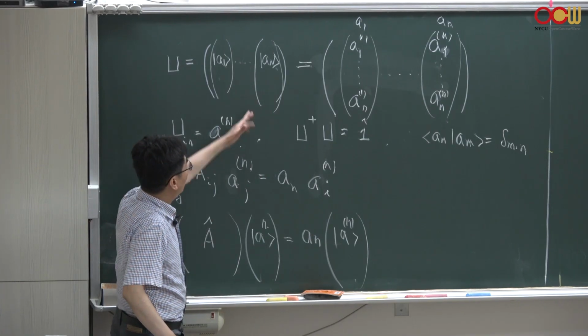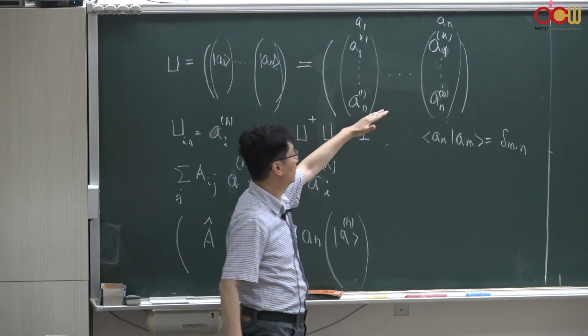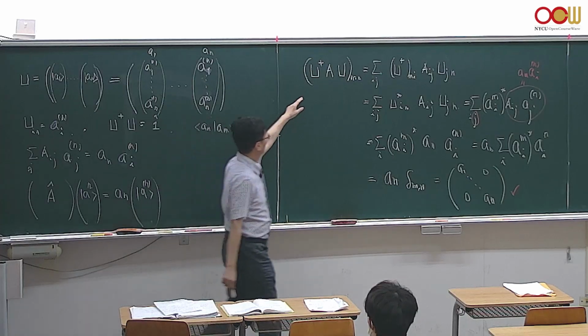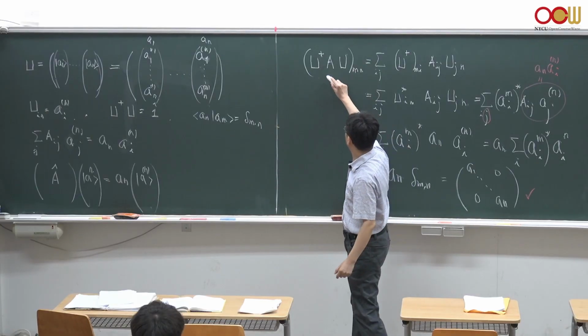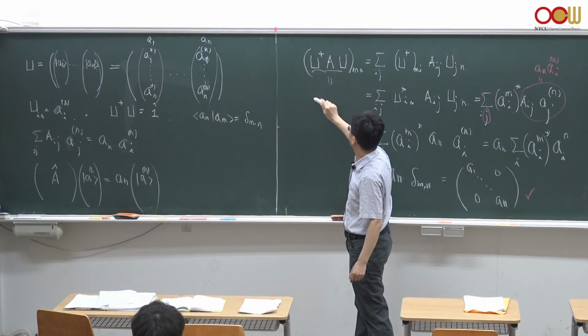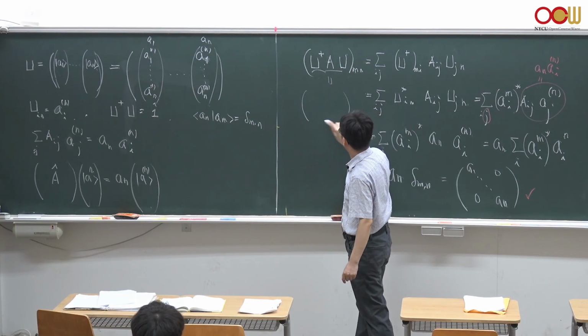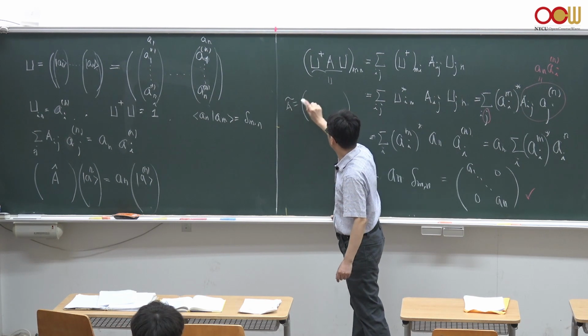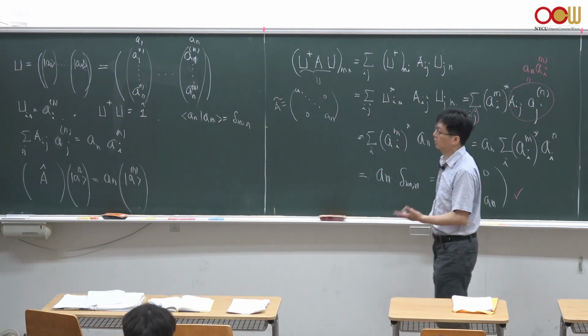So if we plug in this ansatz here, we see that for a general matrix A, by doing so, we can construct the diagonalized matrix. We can diagonalize this matrix.